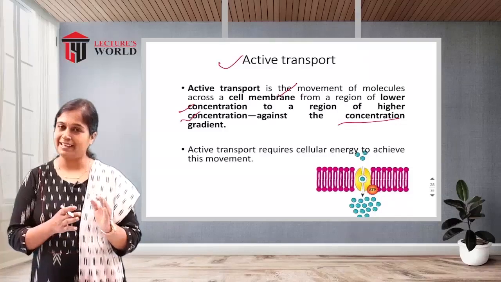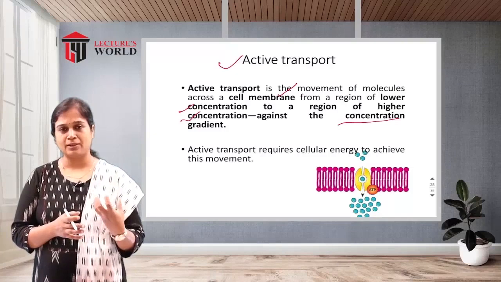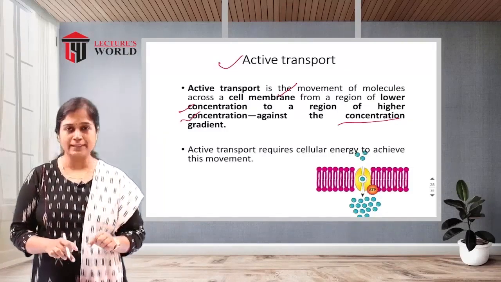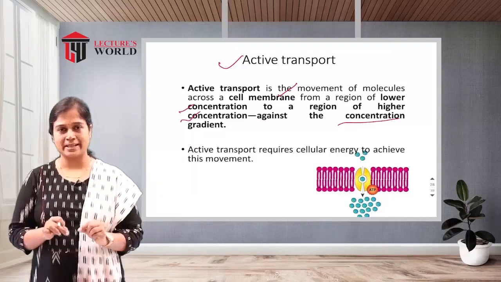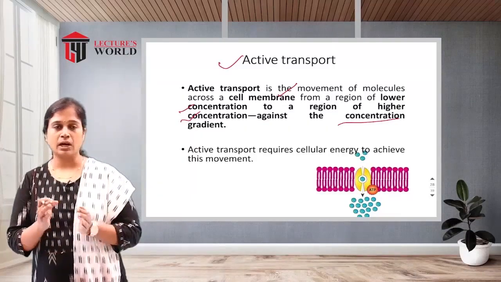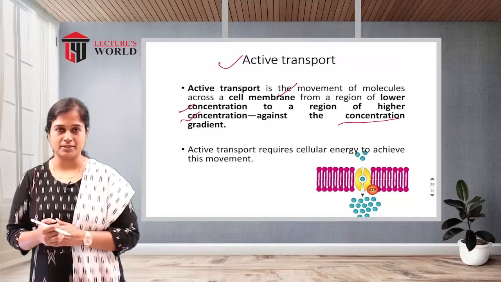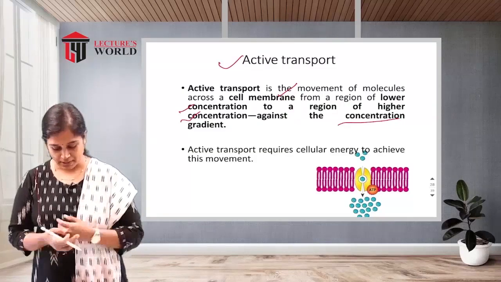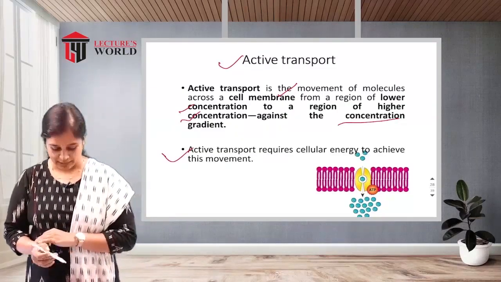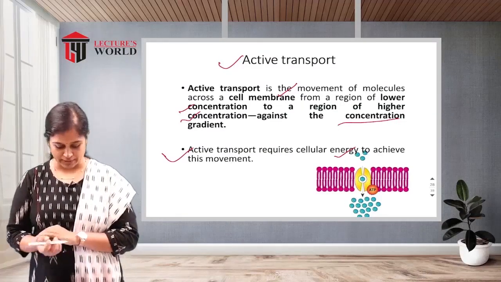But in active transport, movement takes place from lower concentration to higher concentration, that means against the concentration gradient. That's why it requires energy. Active transport requires cellular energy to achieve this movement.